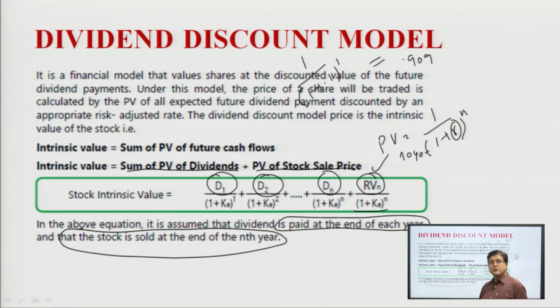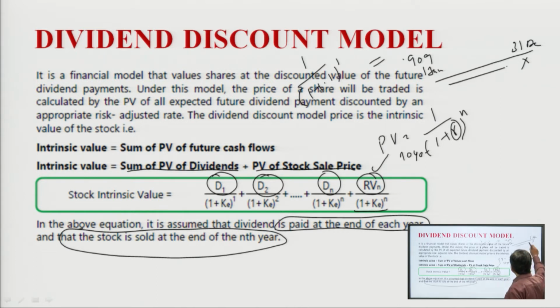We consider whether it is the end of the year or the beginning of the year, because, let us see, 1st January to 31st December is the whole year. If the stock is sold at the end of the year, then we consider the interest, the Ke, the cost of capital, for the whole year.